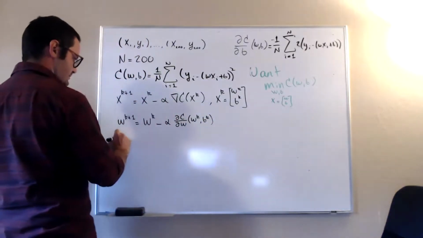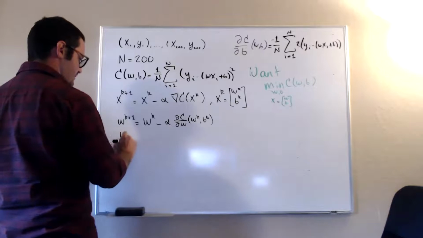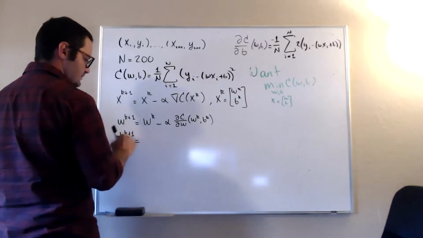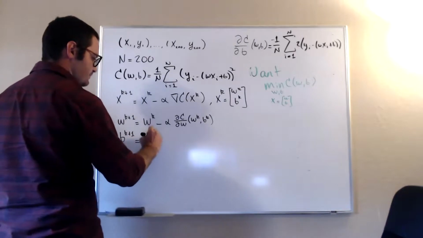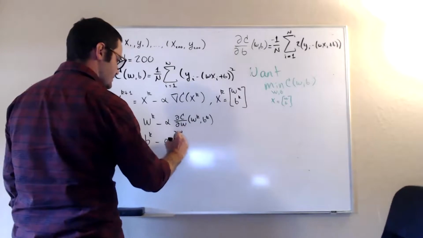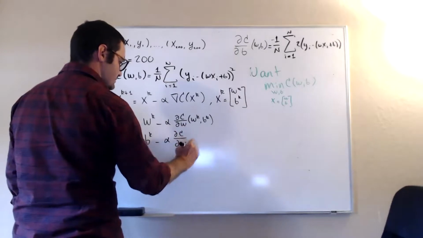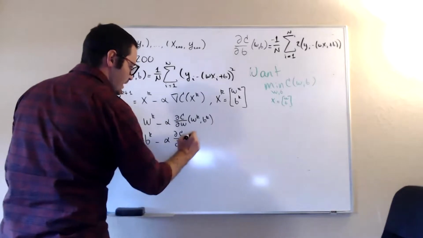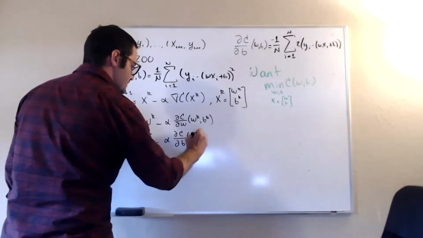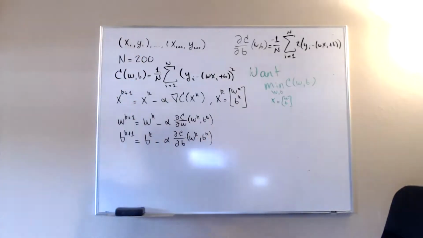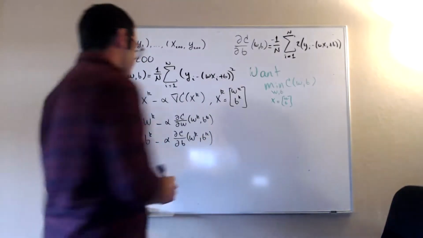Together with saying that the intercept or the bias, the new one is your old one, minus alpha times your partial derivative of C with respect to b now at the point (w_k, b_k).